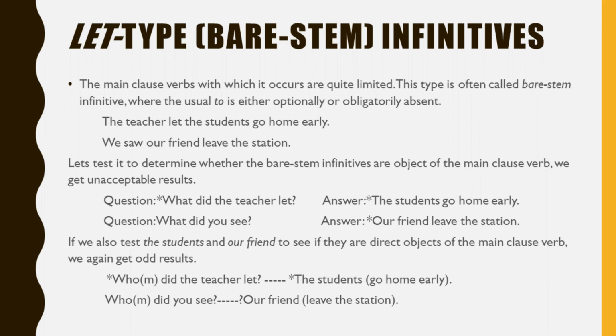We saw our friend leave the station. If we also apply the usual test to determine whether bare stem infinitives are objects of the main clause verb, we get unacceptable results. And again, if we apply the test to see if the noun phrases, the students and our friend, are direct objects of the main clause verb, we again get odd results.